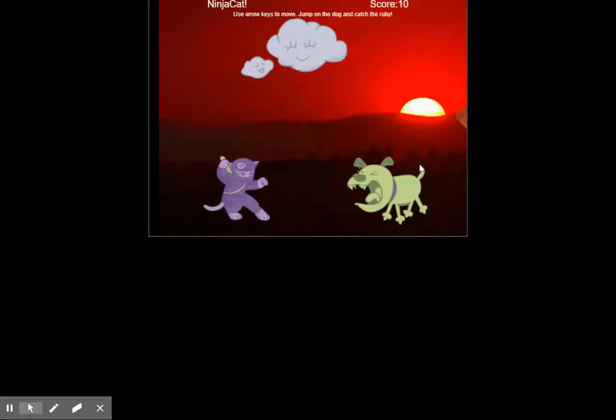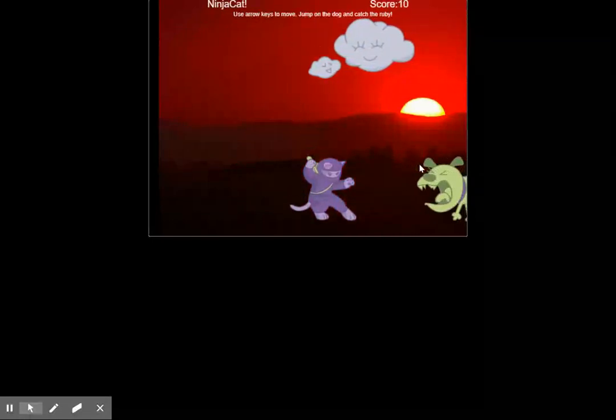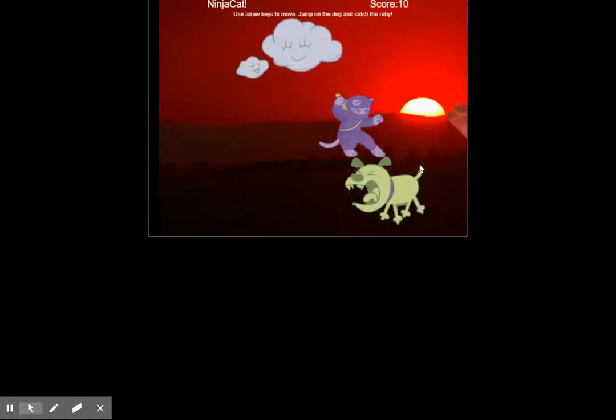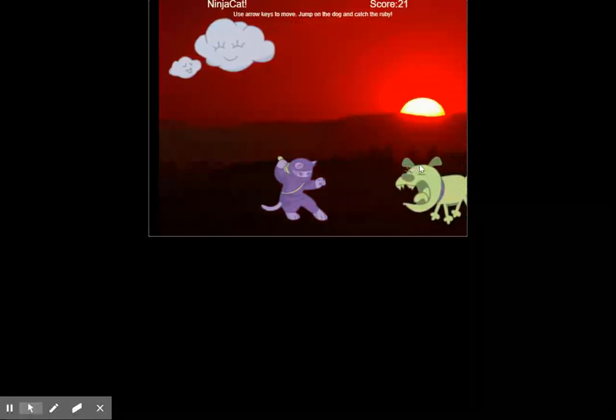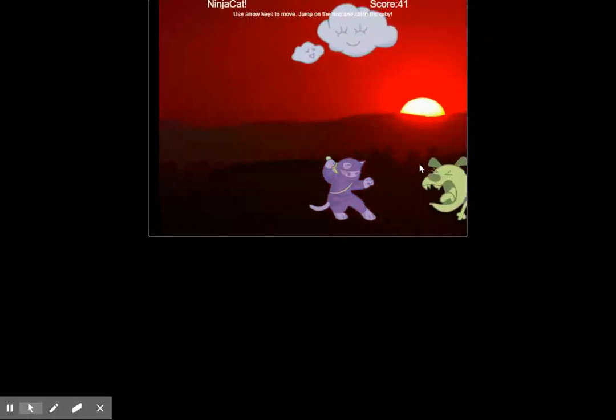We'll use the arrow keys to move and jump on the dog. So I use the up arrow to jump on the dog, and the sideways arrows to move back and forth. And then I collect the rubies. But I don't want to run into the dog. If I run into the dog, the game's over.